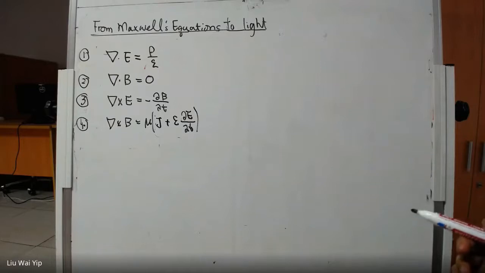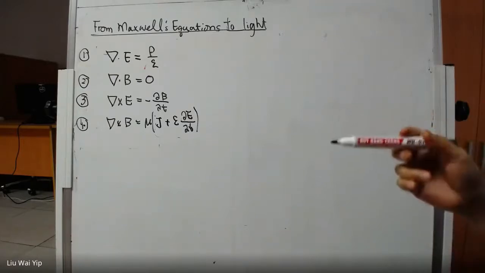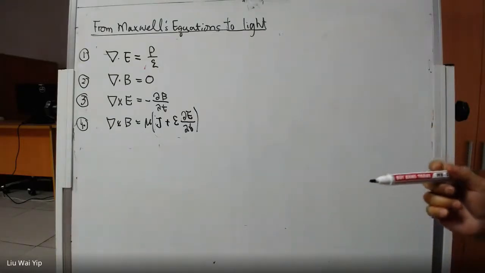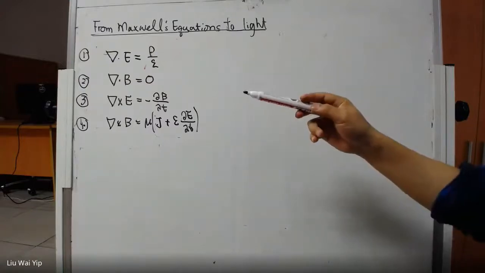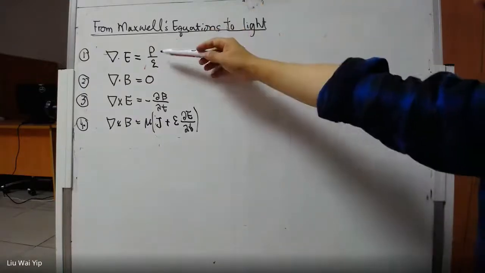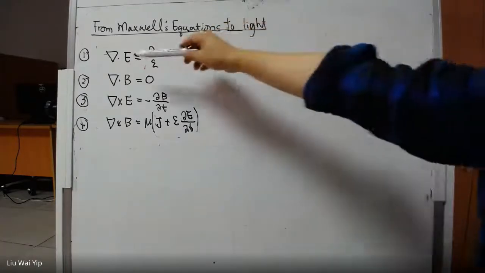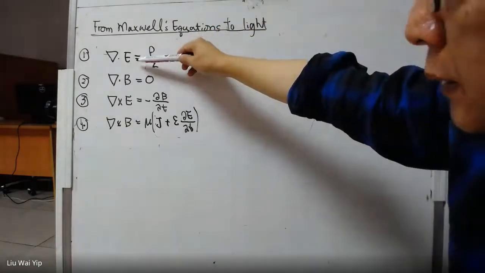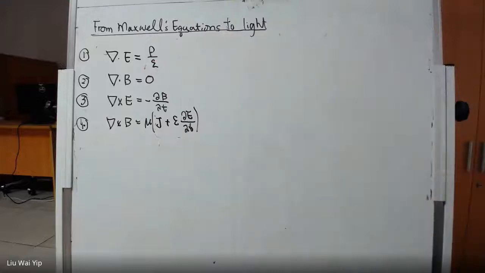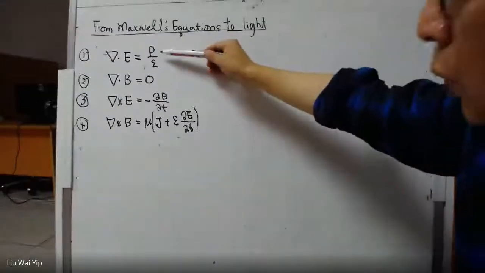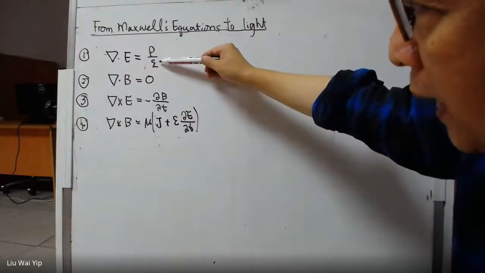Maxwell has four equations. The first Maxwell equation came from the Gauss law. Divergence of electric field is equal to charge density divided by epsilon.